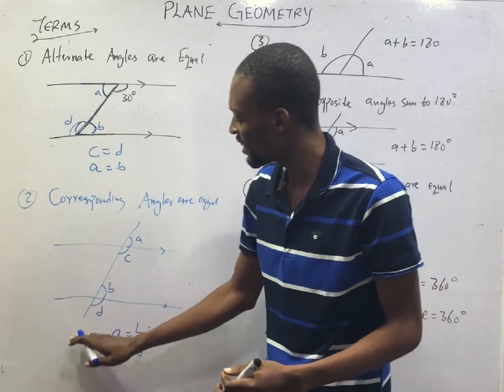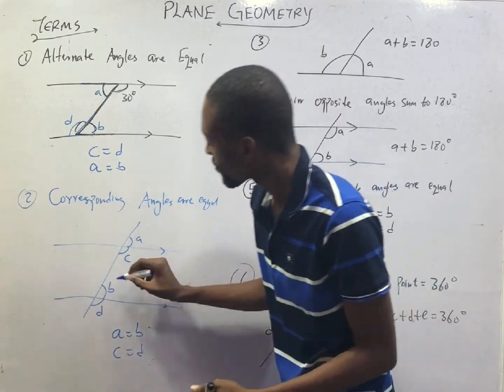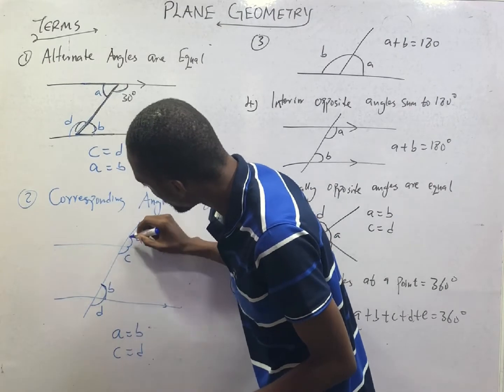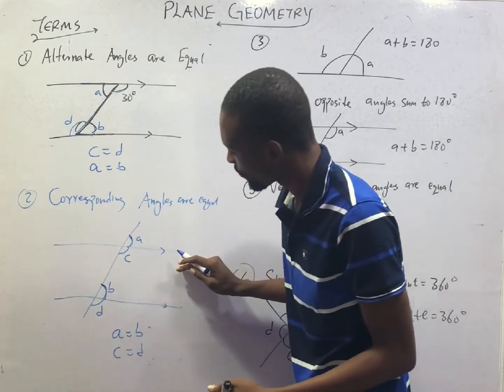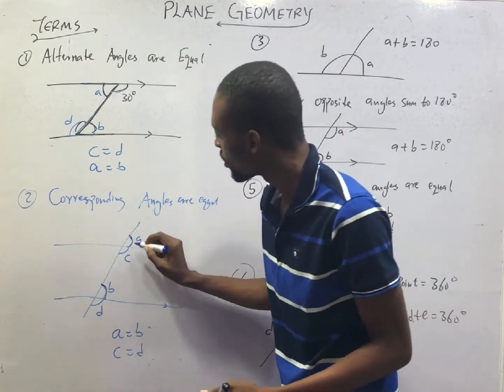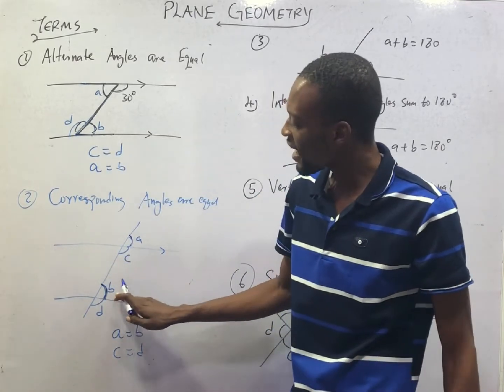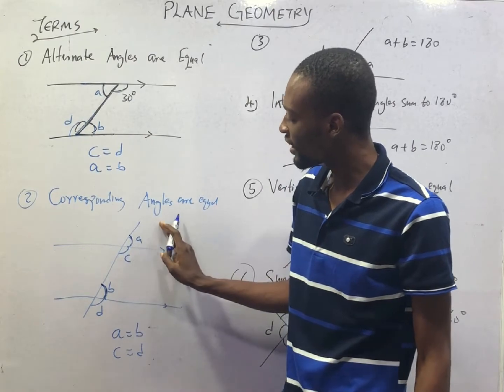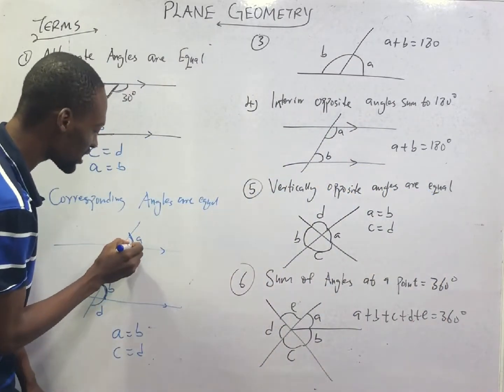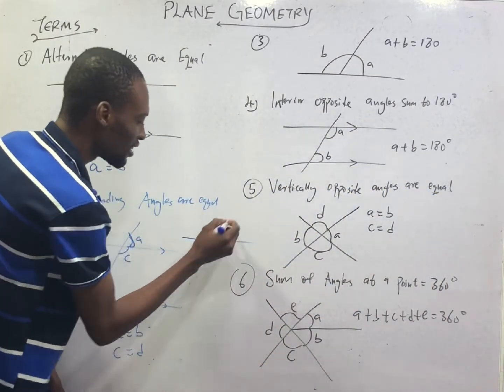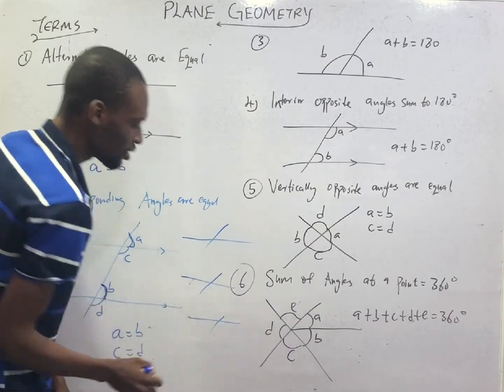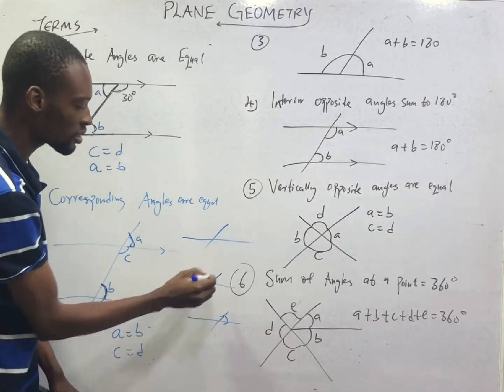When you have two parallel lines and you are given an angle like this, look at something. This angle here, if I give you this angle here and I say find exactly this angle in the other line, you simply tell me that it is like this. If I give you another line, this angle here is also something like this.